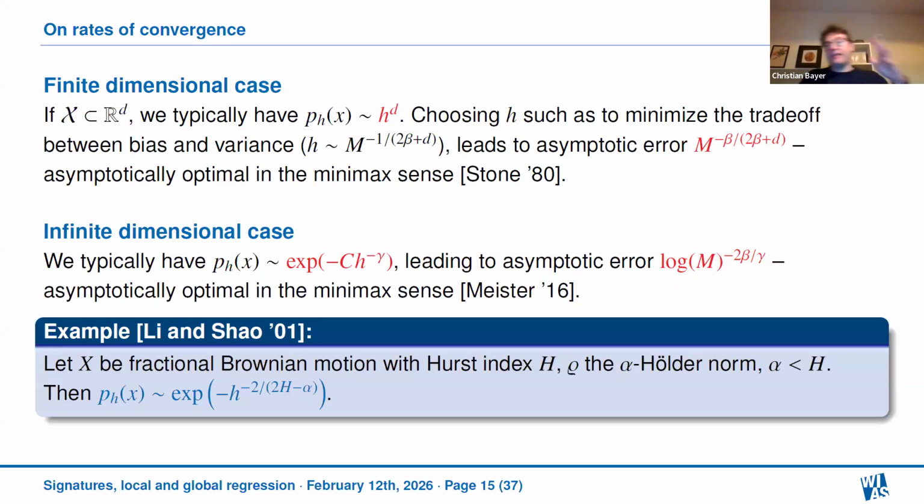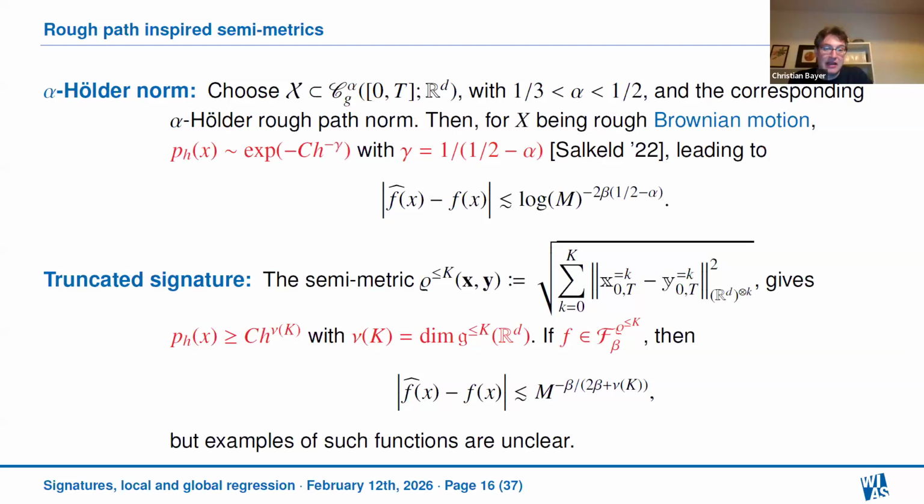On the one hand, it's nice to have guarantees of rates of convergence. But on the other hand, since we are working in infinite dimensions, we have to curb our expectations, because we cannot generically expect to see something much better than this logarithmic behavior of the error, unfortunately.